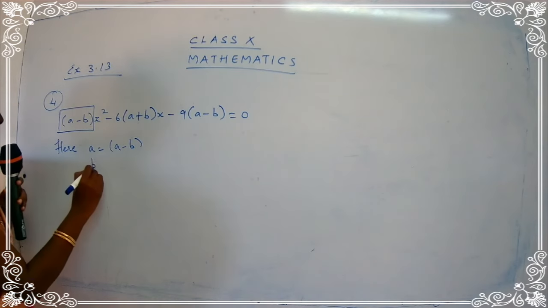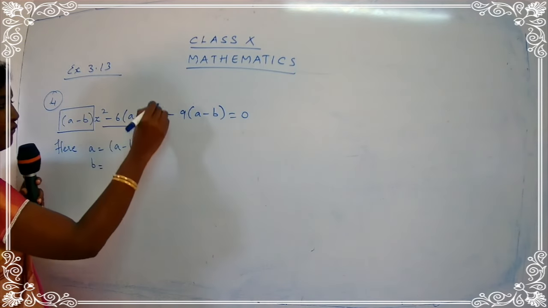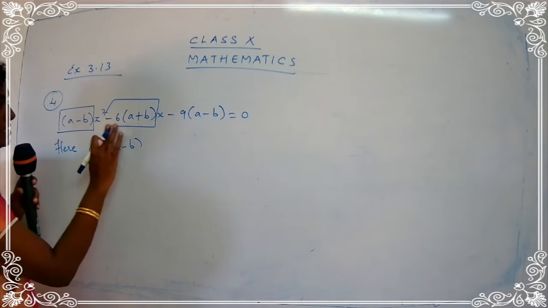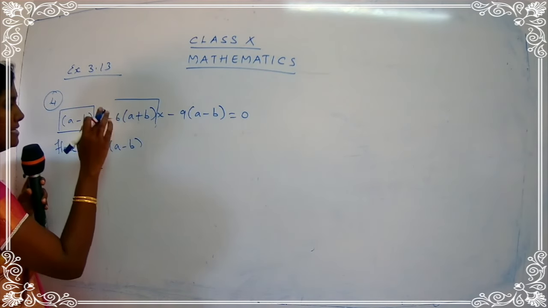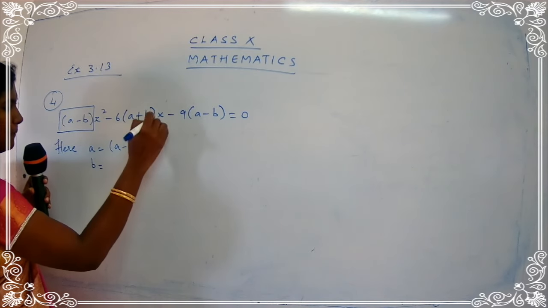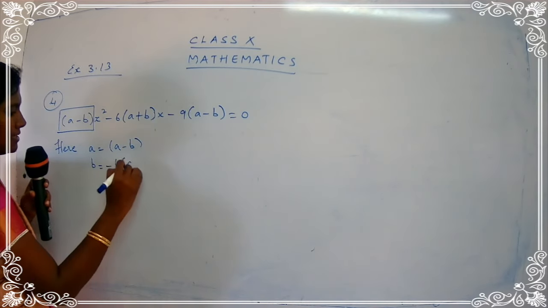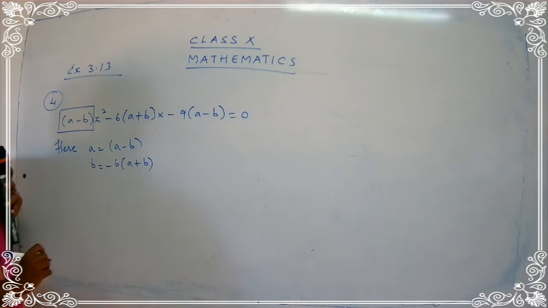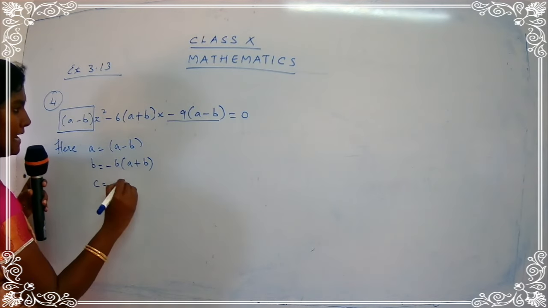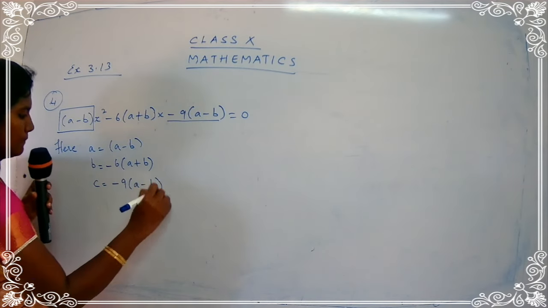Okay. What is b, children? The coefficient of x. You have to focus on the sign also. So what is the sign? Yeah, it's minus 6(a plus b). I'll write here minus 6(a plus b). And what is c? You have to write down the whole constant term. So what is the constant term here? The full part, that is minus 9(a minus b).